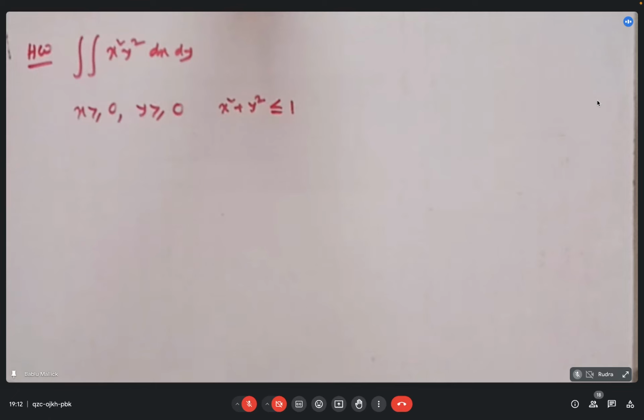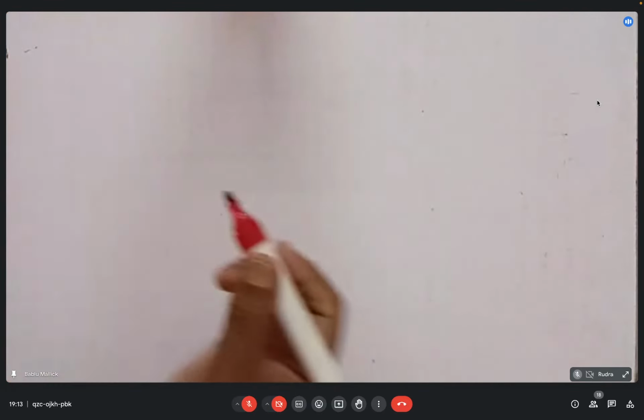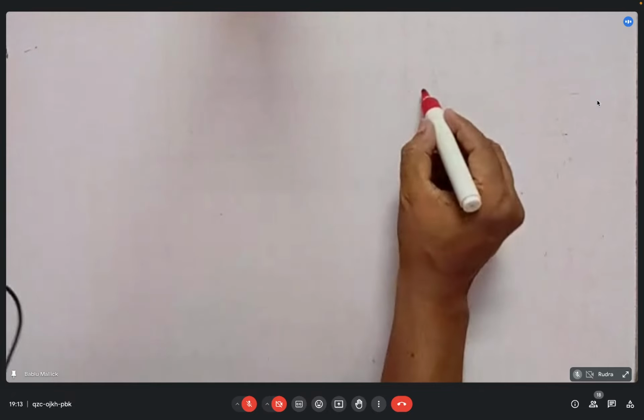Now look at the board. Actually, what are we doing in double integration? We have done this in class 11-12.